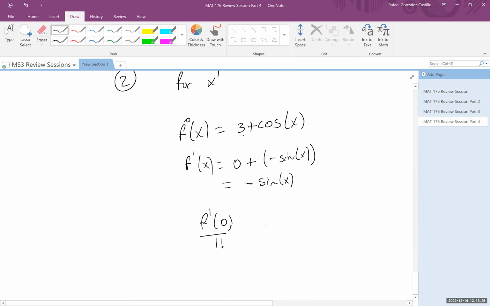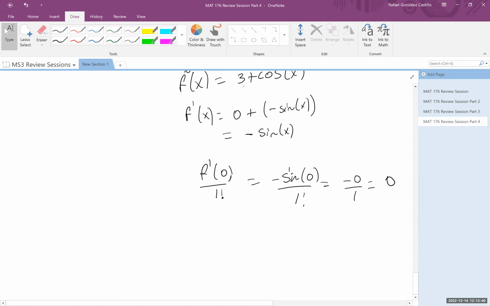In any case, f prime of 0 is equal to negative sine of 0 over 1 factorial. Sine of 0 is 0, so we get negative 0 over 1, which is 0. So for our second term, we have 0 times x to the 1.